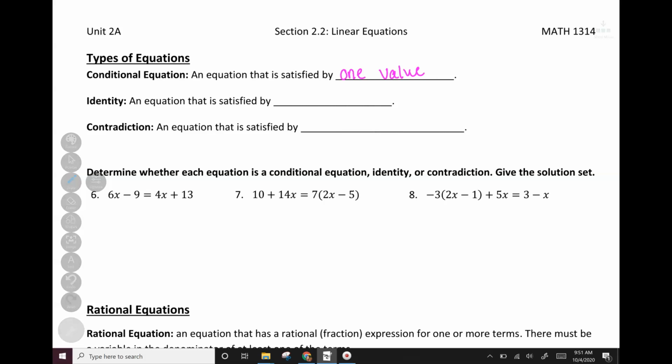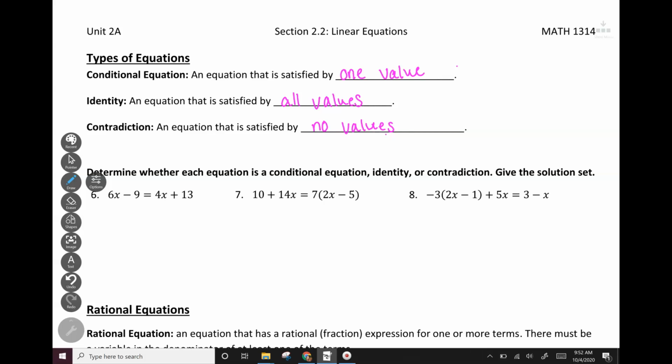And then you can have an identity, which is an equation that is satisfied by all values. And then thirdly, you can have a contradiction, which is an equation that is satisfied by no values.